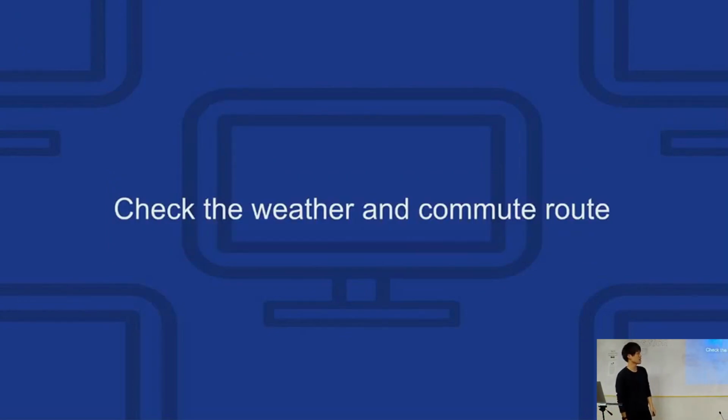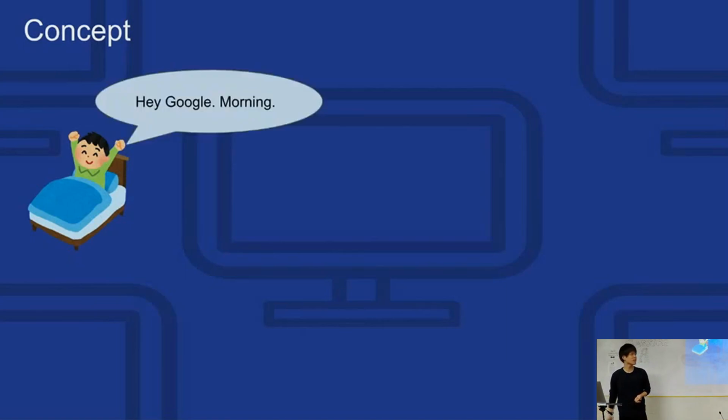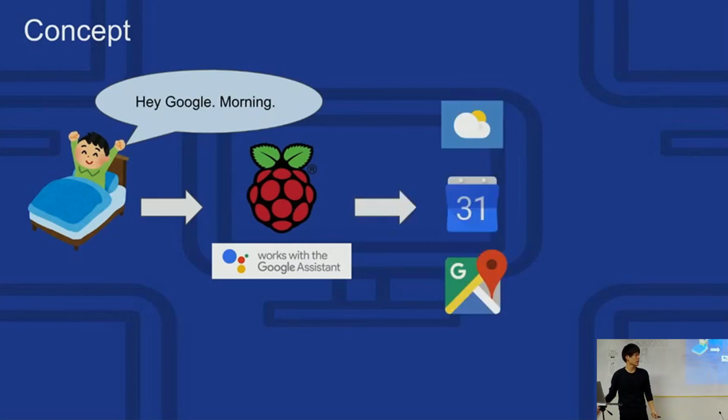Okay, the next example is checking the weather and commute route. Here is the concept. When you wake up in the morning and you say, "Hey Google, morning," then your speaker listens to your voice, accesses the weather, calendar and maps information, gets the information and returns it to me.